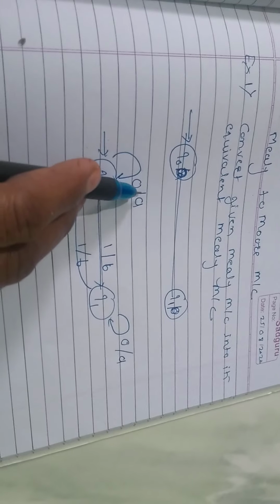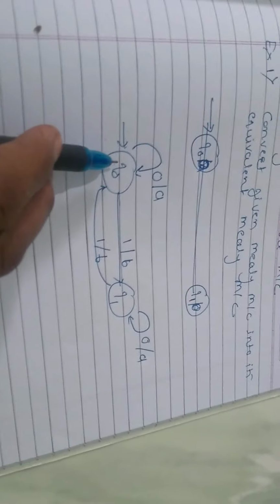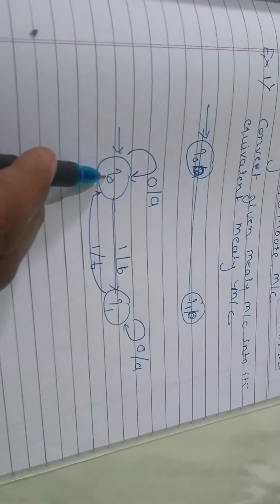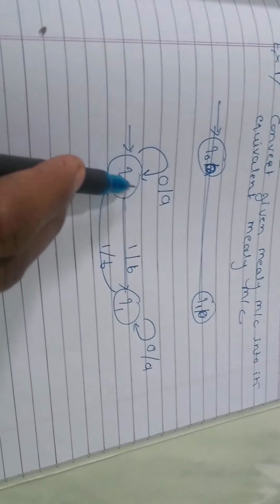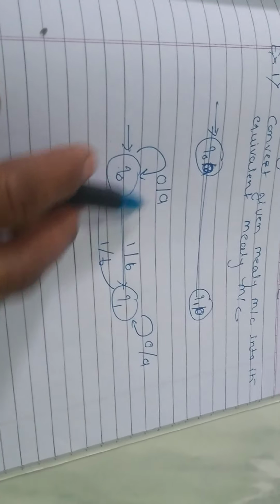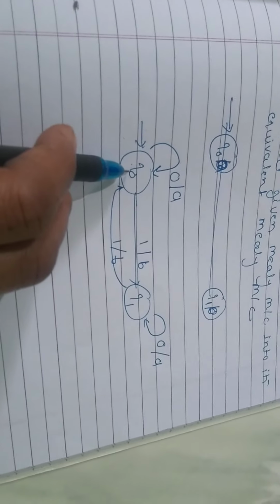Whatever number of output symbols there are, that many copies we need to create for the given state. Remember this one: distinct states will be there for an equal number of output symbols coming towards Q0.